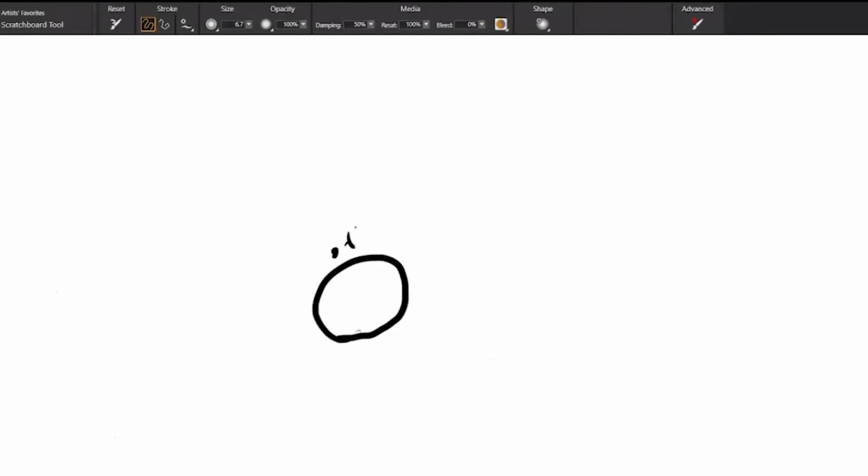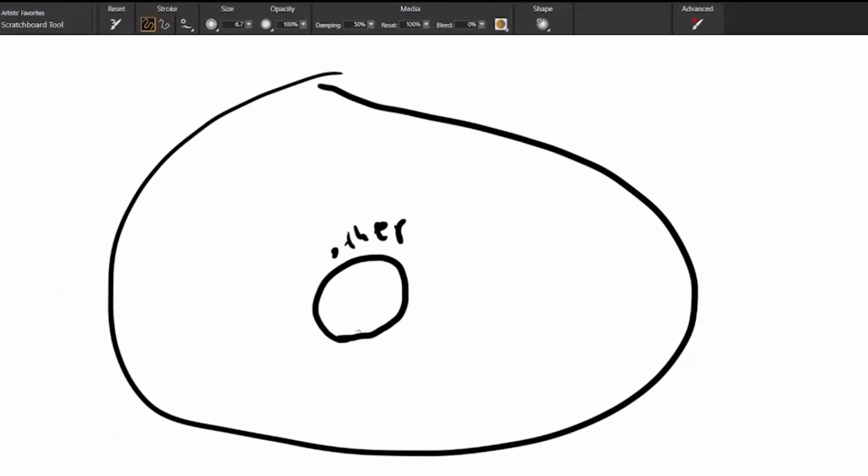This would be the other, and this would be, it doesn't look like a circle, but okay. This would be the something which is the other to the other.